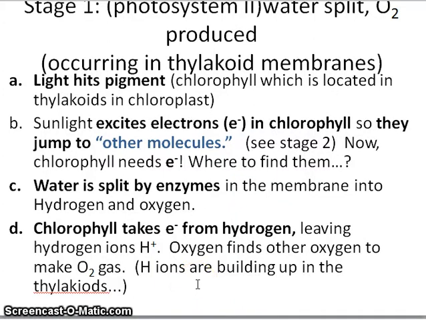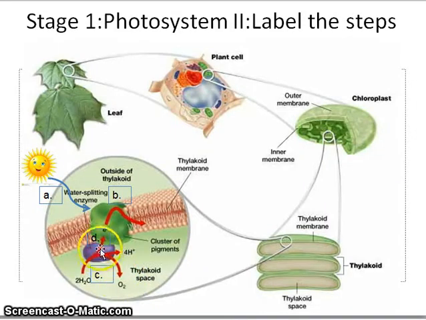Oxygen will find another oxygen and make its partner into O2 gas, and it will escape, and we'll breathe it in. Thank you very much for that. And when we leave off this story, as we label our D, which is electrons going in to the chlorophyll, hydrogen staying in the thylakoid, and oxygen being given off, all from the splitting of water.